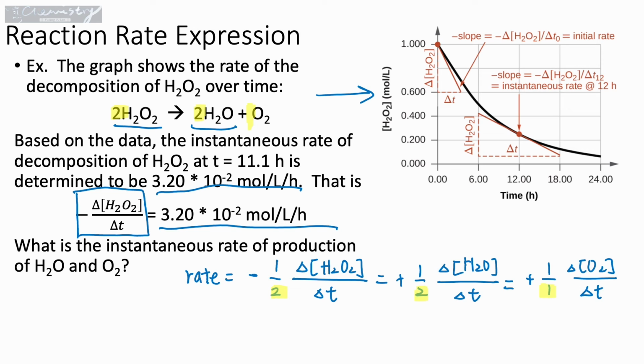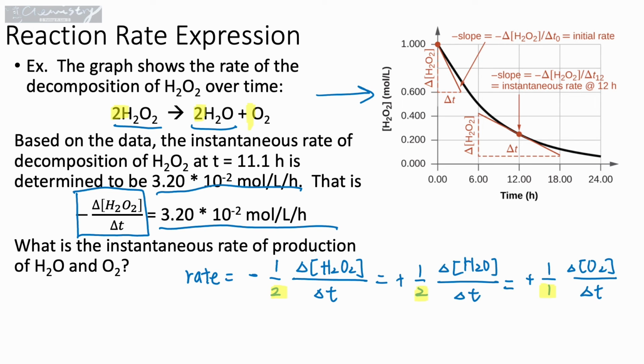This is just showing that we have to use up 2 hydrogen peroxide in order to produce 1 oxygen. And therefore, the rate of production for oxygen is half of the rate of the decomposition of hydrogen peroxide.